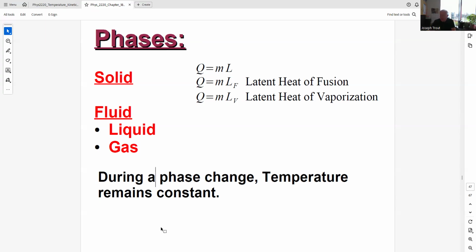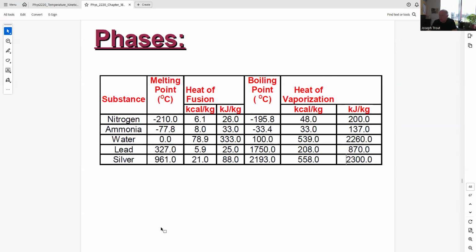So, for example, in steam power plants, we use steam that's much hotter than 100 degrees. So, here's some information you should know. For water, it melts at 0 degrees and freezes at 0 degrees. And it boils at 100 degrees. The latent heat of fusion is 78.9 kilocalories per kilogram or 333 kilojoules per kilogram.